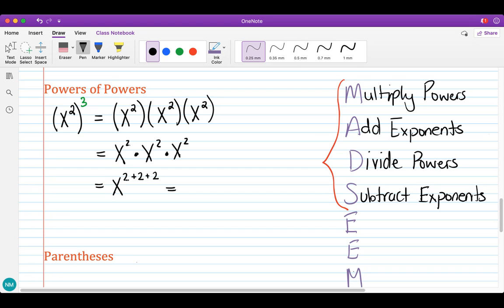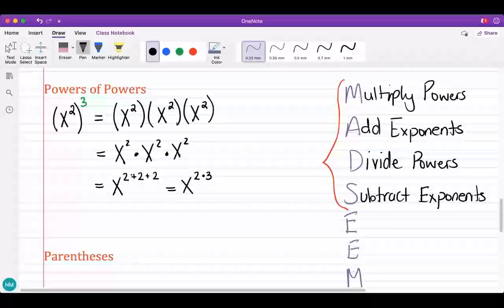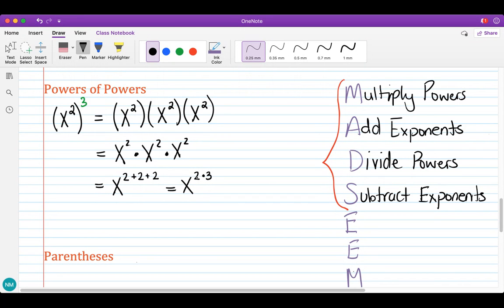What is repeated addition? That is the same thing as saying 2 times 3. And what is 2 times 3? x to the 6th power.